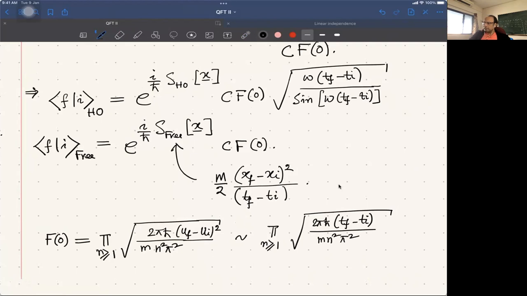So of course this object has tf minus ti. Since there are an infinite number of terms, it has a large power, tf minus ti to the power infinity. But at the same time, there is 1 over n square for each factor, so there is a damping factor.